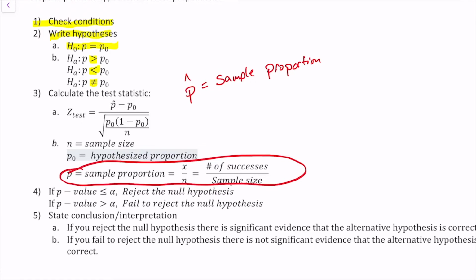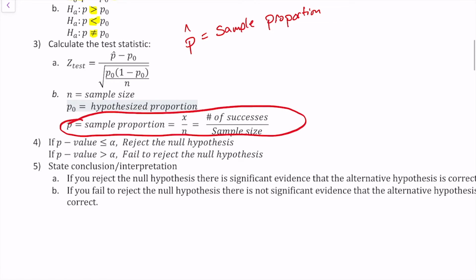Once we have this test statistic, we go ahead and calculate the p-value, and then we make a comparison. If the p-value is less than or equal to alpha, we reject the null hypothesis. If the p-value is greater than alpha, we fail to reject the null hypothesis. Your last step is to state a conclusion or interpretation.